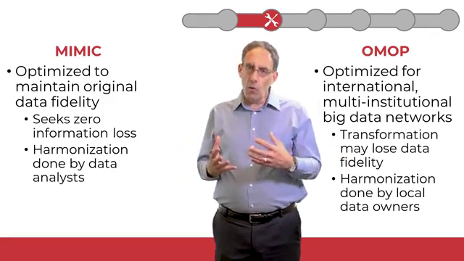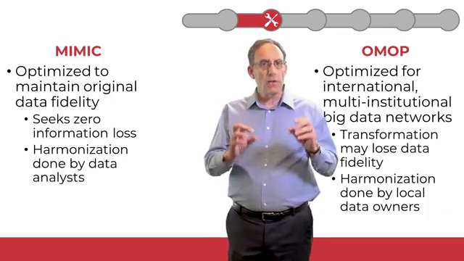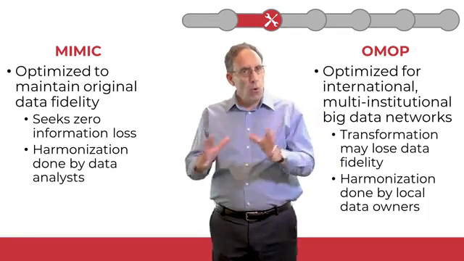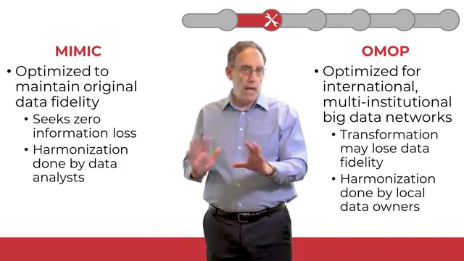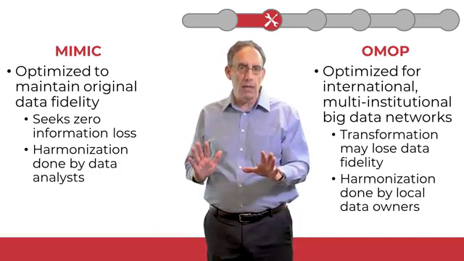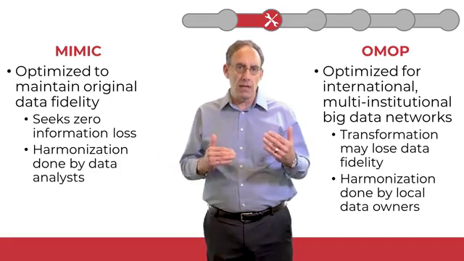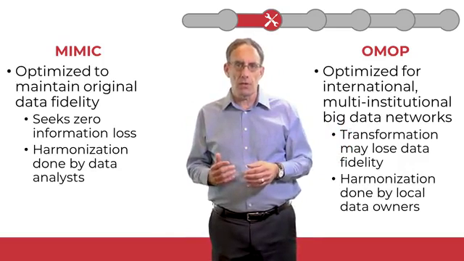In OMOP, data transformation is done only once by the local data owners. Data analysts only use the transformed data, accepting whatever mapping decisions were made by the local data owners at the time the original data was mapped into the OMOP standard terminologies.